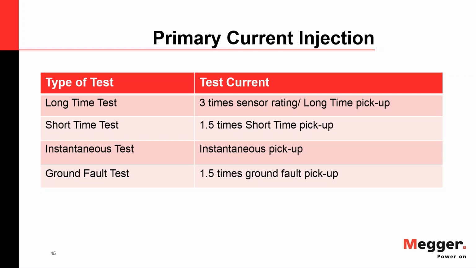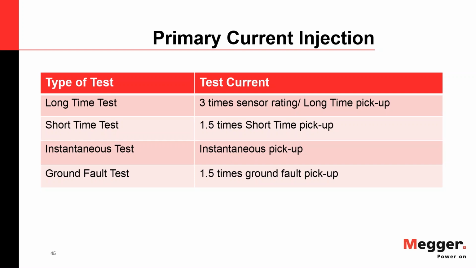So you know, for instance, the unit is a 1200 amp sensor, but then they have an additional setting saying long time pickup, and everything else, the short time pickup and the instantaneous, is in multiples of that long time. So it's an additional calculation you have to watch. For the majority of the breaker manufacturers, it just sticks with sensor rating.